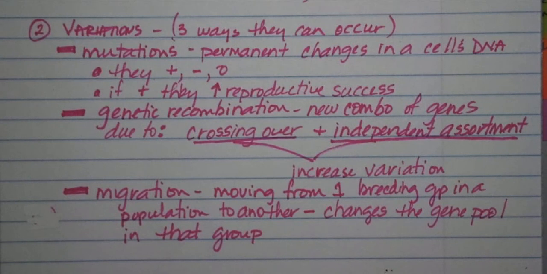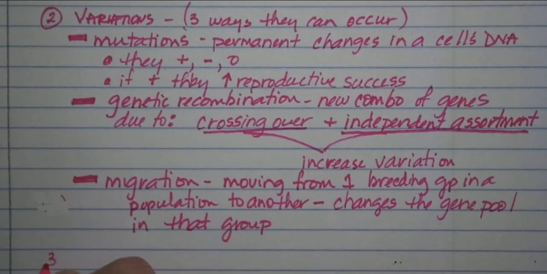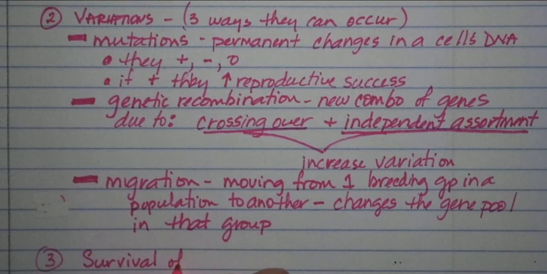Now, number 3, the third part in the natural selection, is survival of the fittest. And this survival of the fittest, those with the best variations will survive to reproduce.